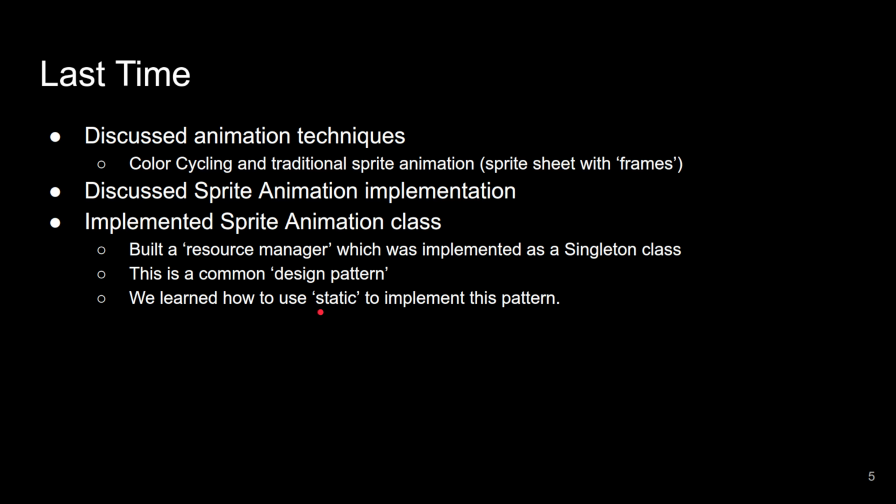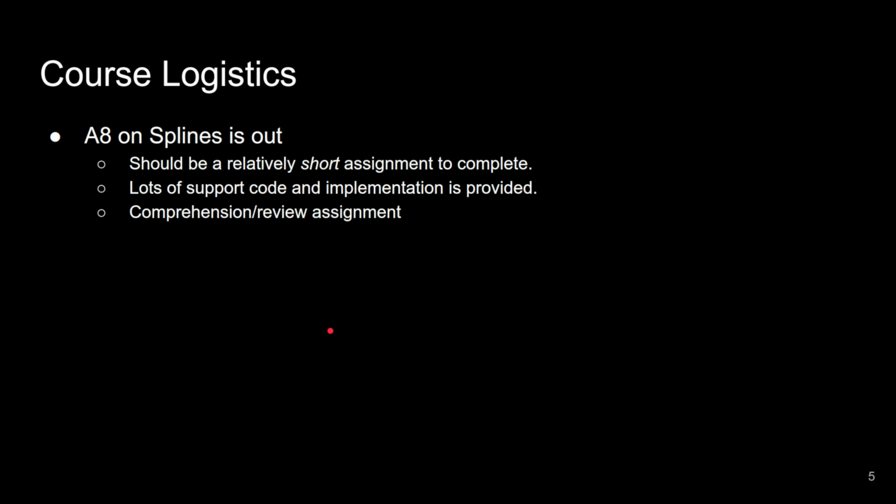The other point of this exercise was to show you how to use static in a class, and that static members are shared amongst all instances of a class. So it's another use case of static, to understand how that keyword works when creating programs in C++.